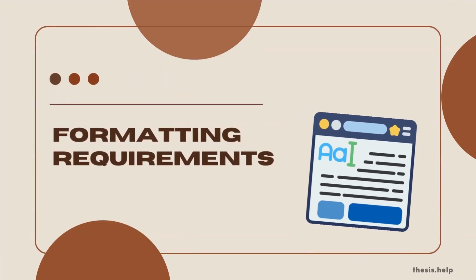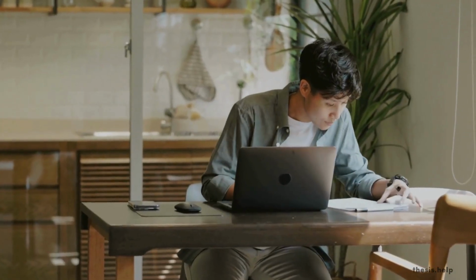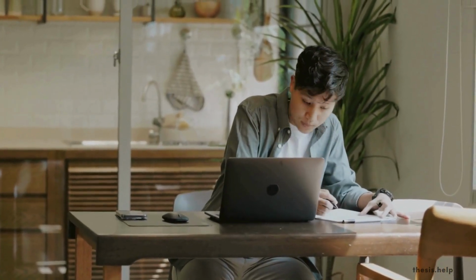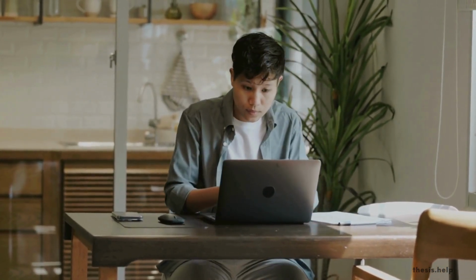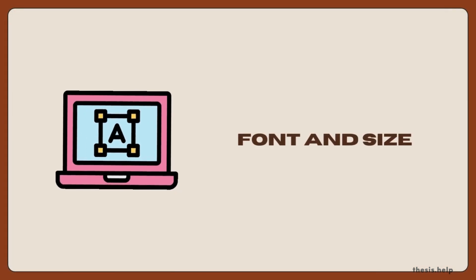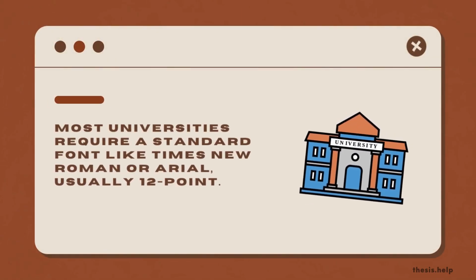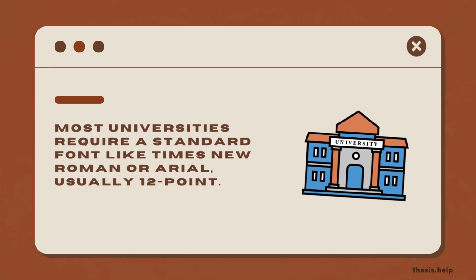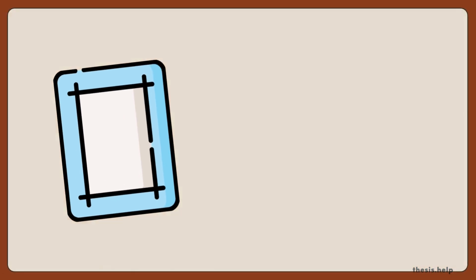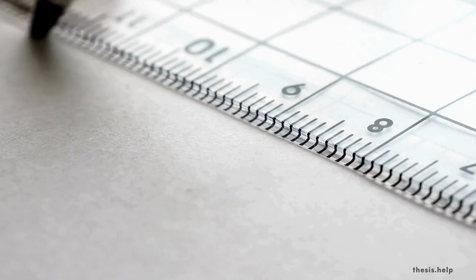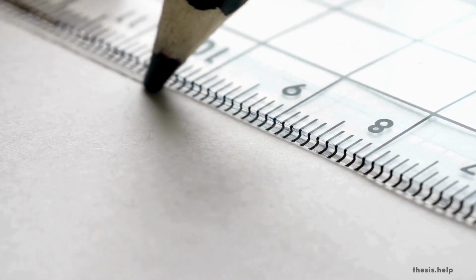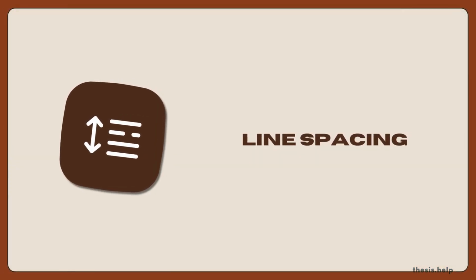Step 3. Formatting requirements. Formatting is crucial in meeting your university's thesis guidelines. Common formatting requirements include A. Font and size. Most universities require a standard font like Times New Roman or Arial, usually 12 point. B. Margins. Typically 1-inch margins on all sides. C. Line spacing.